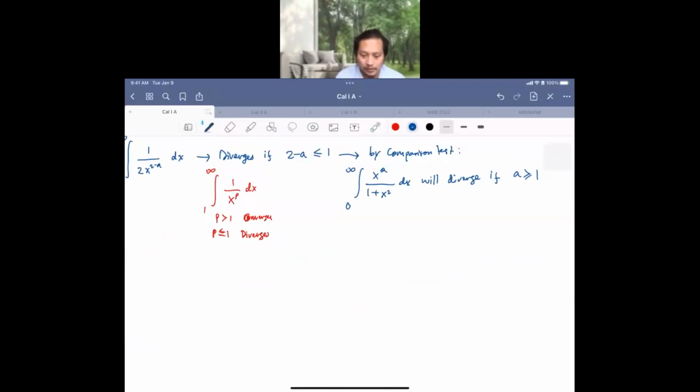And on the other hand, if we are looking at the integral from 0 to 1 of x to the a over 1 plus x squared dx, okay.